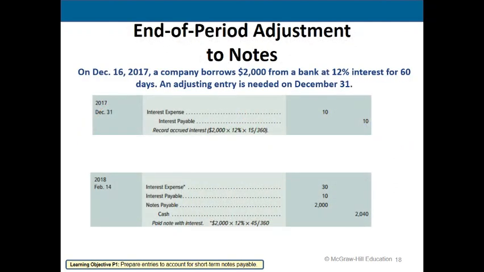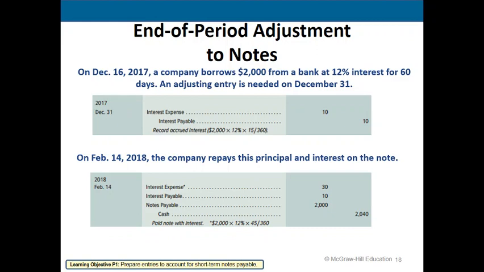And so here you have a situation where on December 16, the company borrows $2,000 from a bank at 12% interest, basically the same example as before, just a different day on when you borrow it.